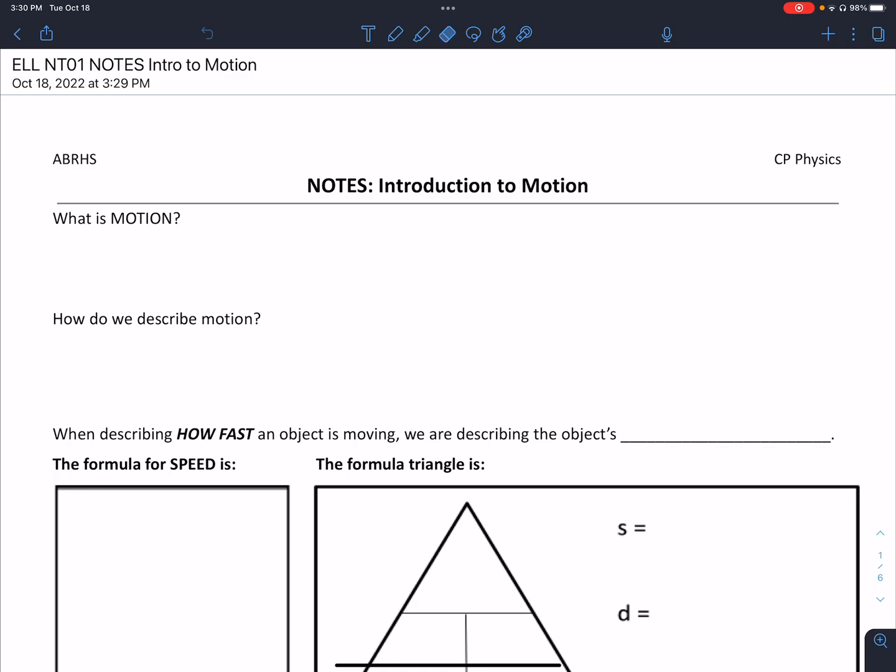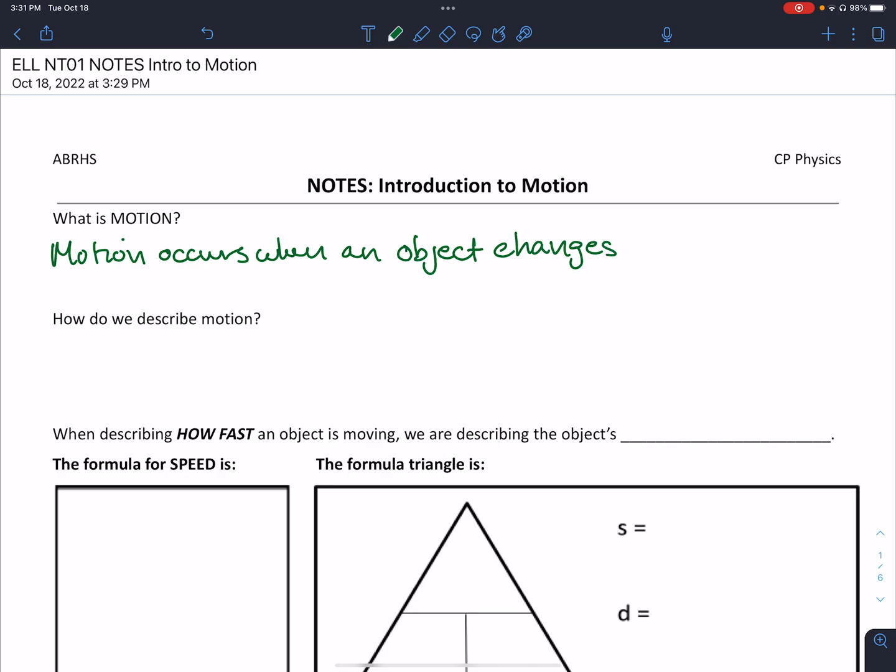All right, motion occurs when an object changes direction relative to a reference point.